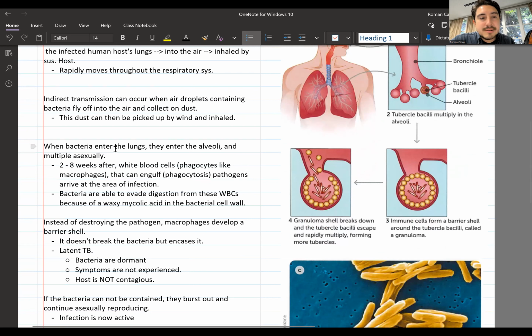And of course, bacteria undergo binary fission. That's a mode of reproduction, a quick increase in population. Asexual reproduction.